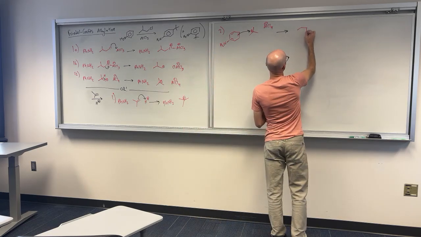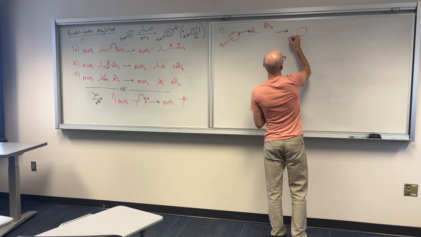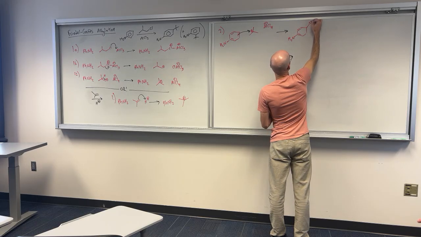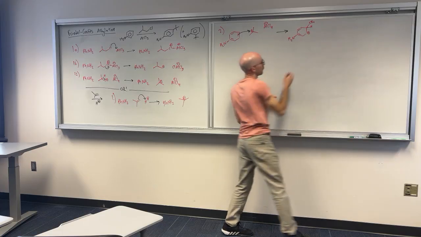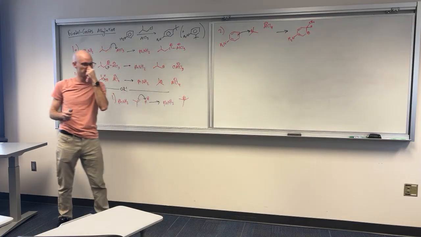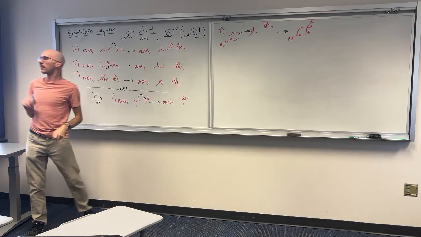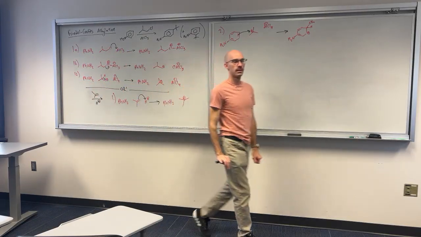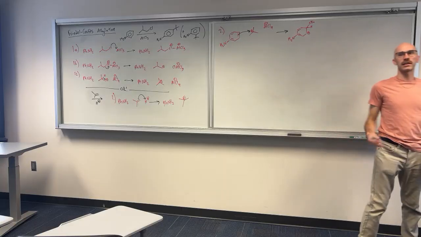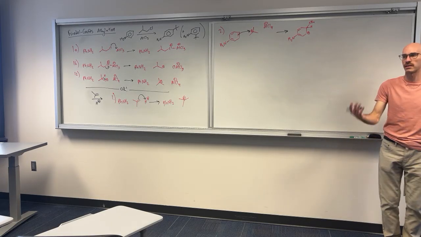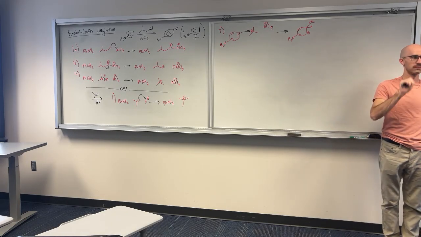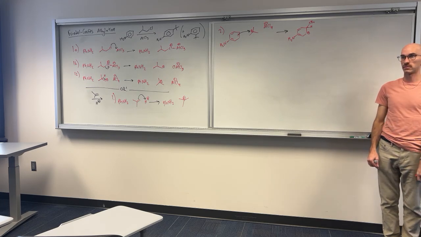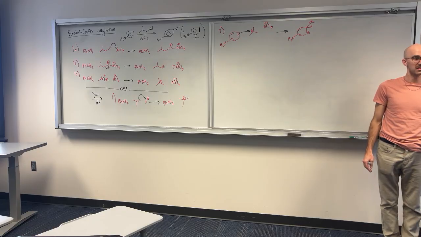Now I have a sigma complex intermediate. Do I know by chance how many resonance forms I'm going to have? What's the minimum? What will you always have no matter what? 3. What do you have when these electron donating groups are stabilizing the intermediate? 4. Unless you have another electron donating group, and then you could have 5, or even another one, and you could get 6.